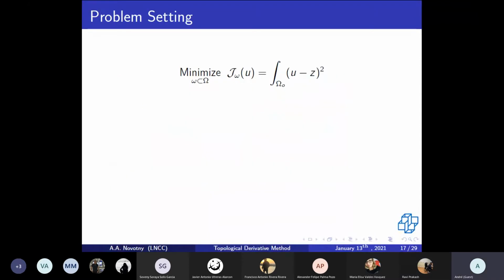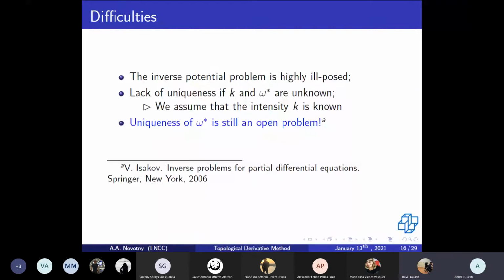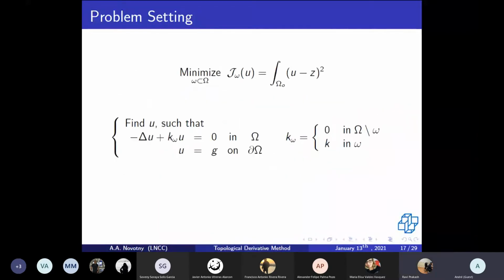So the idea here is to rewrite this problem as a topology optimization problem. We want to minimize the misfit over omega O between the measurement zeta, solution to this problem, and U, the solution to this auxiliary problem. It has the same boundary excitation, but with some arbitrary k omega.